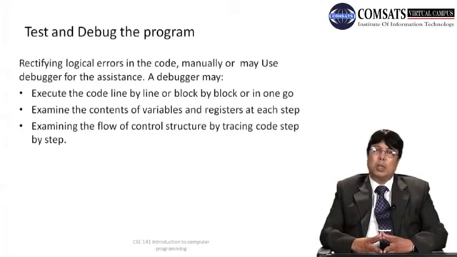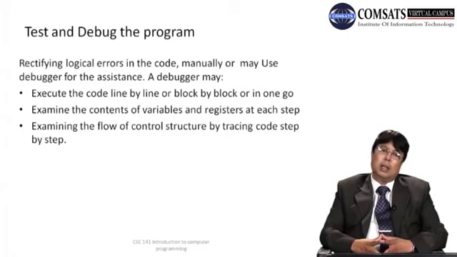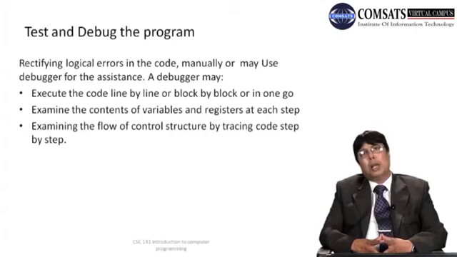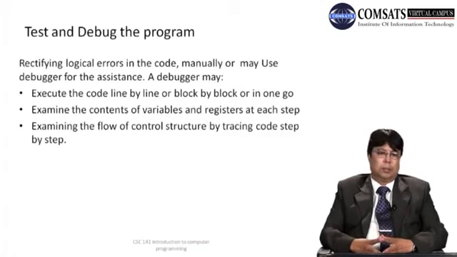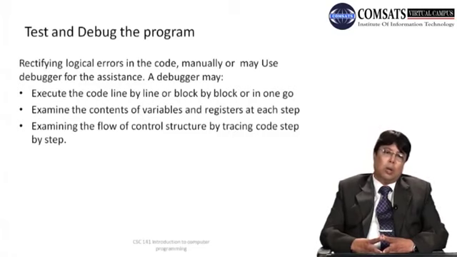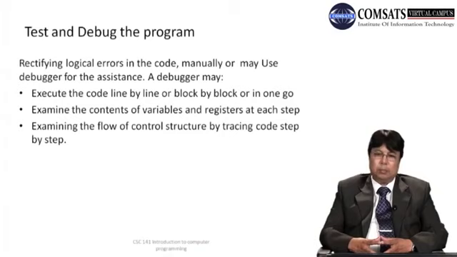So for that purpose, you can rectify these errors manually, or the computer can assist you with a tool called a debugger. The debugger provides you a lot of facilities. You can execute the code line by line, step by step, or maybe in one go.